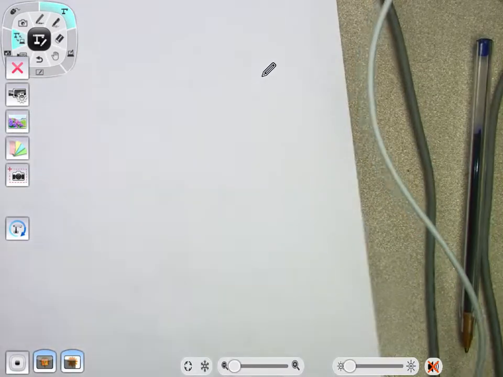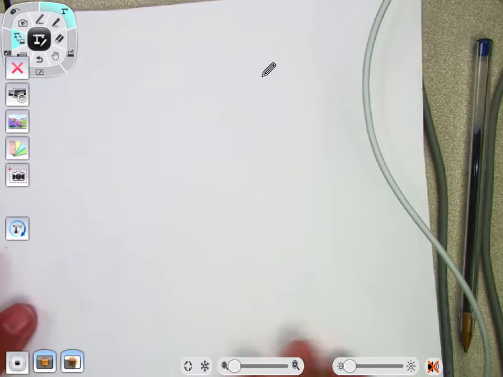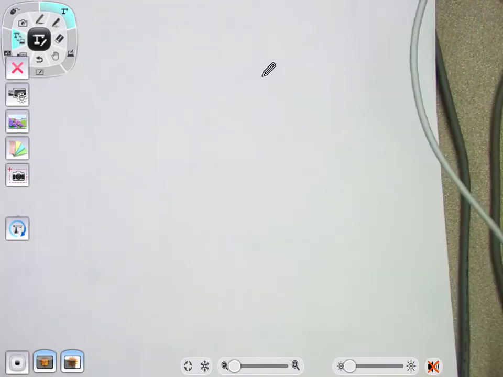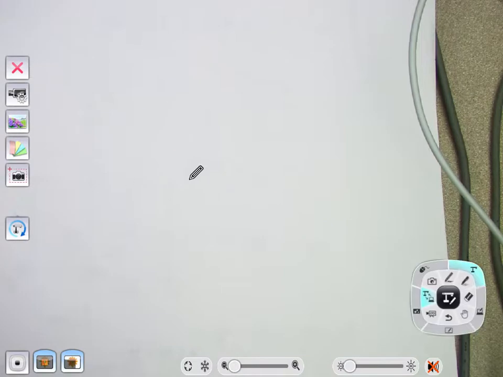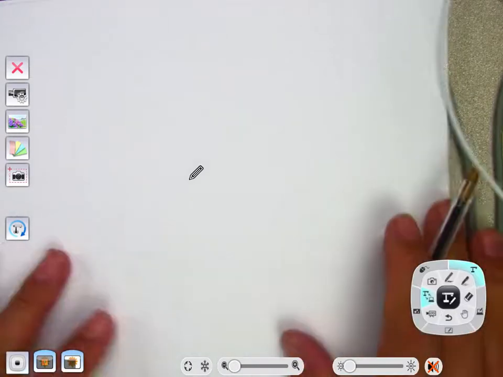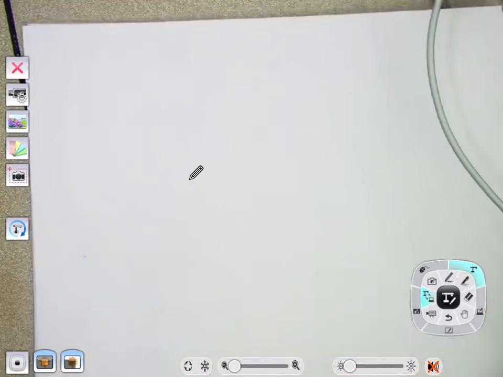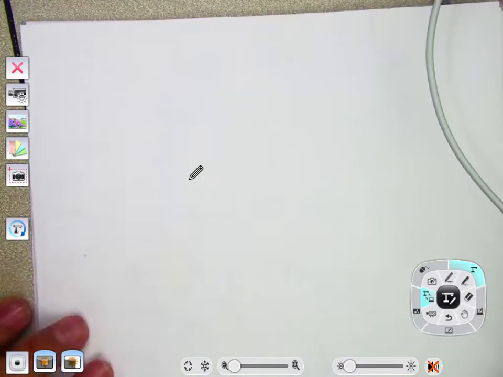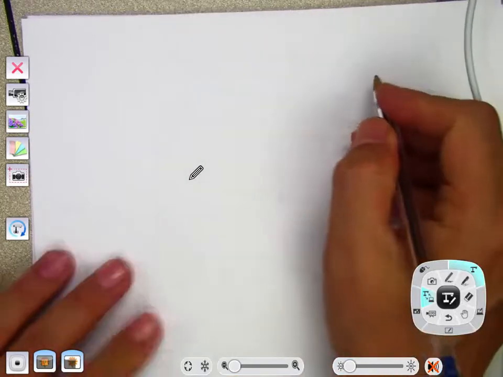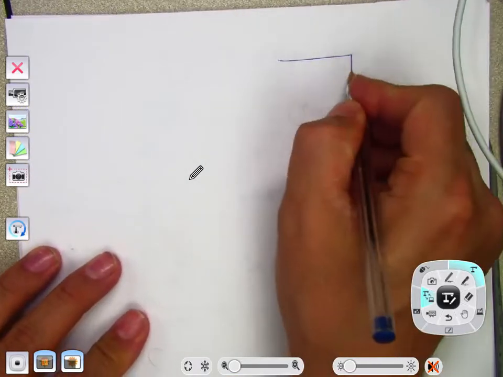So I'm going to redraw that here, and let's do it. See if I can drag this down. Alrighty. So we have this I-beam now.